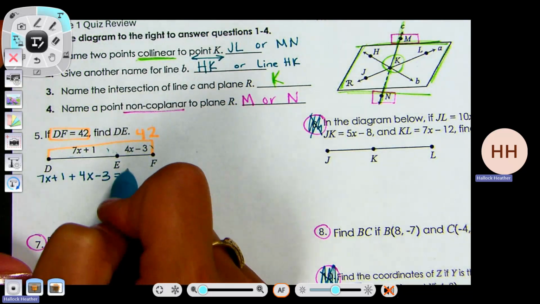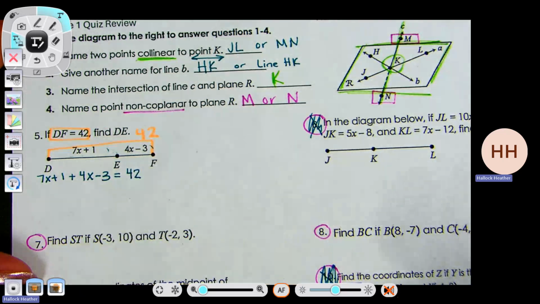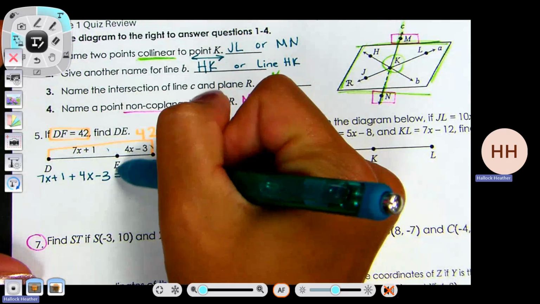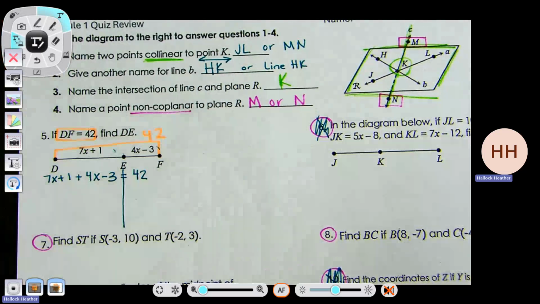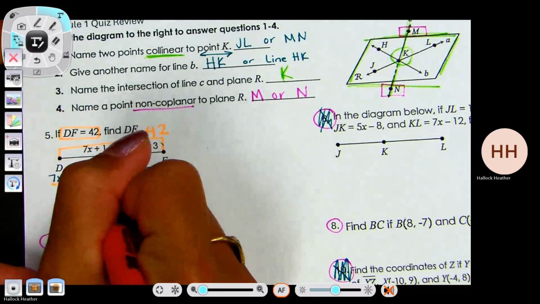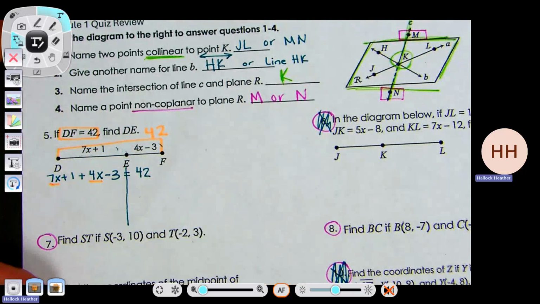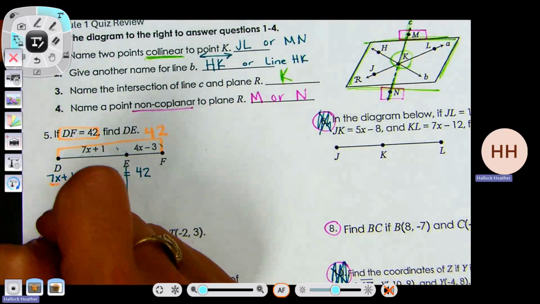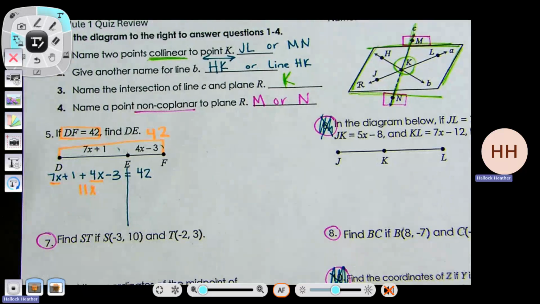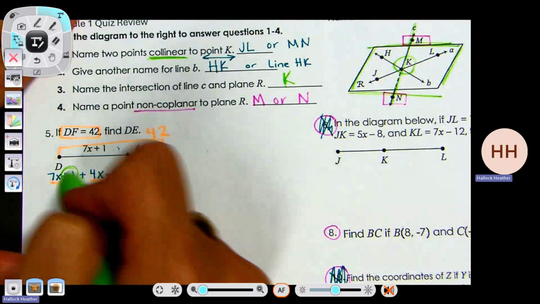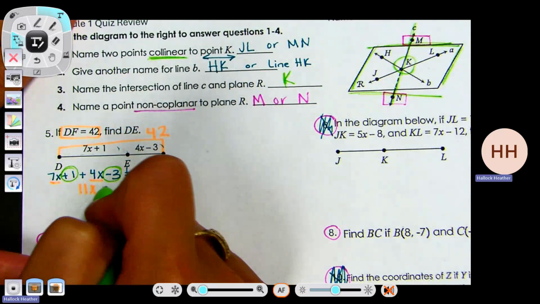The total is 42. So to solve this from algebra 1, we are going to combine like terms. 7x and 4x come together. 7x and 4x make 11x. If I combine 1 and -3, that makes -2.